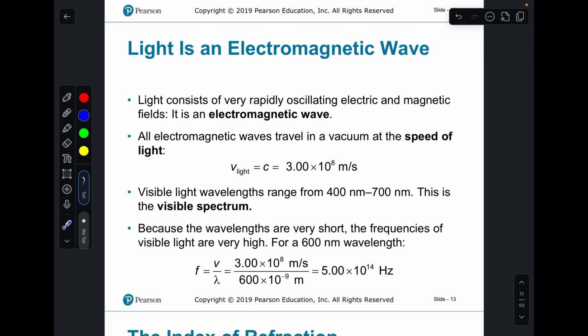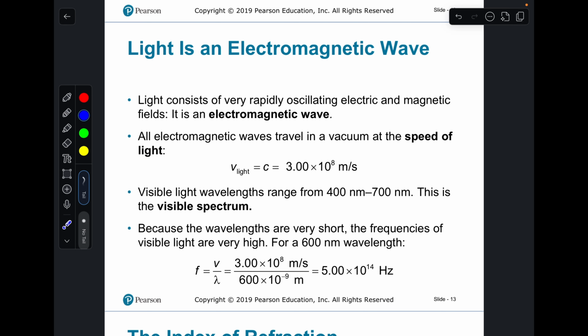So we're going to be talking about light, but light is a general term for any electromagnetic wave. You might think of light as what comes out of the sun or the colors, red through violet, but in fact, everything that we talk about can be applied to the full electromagnetic spectrum.